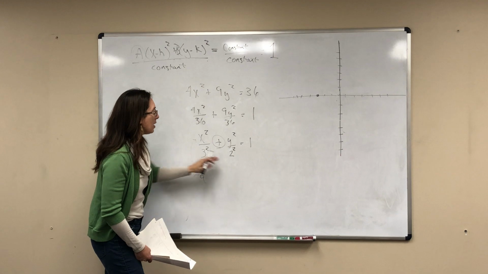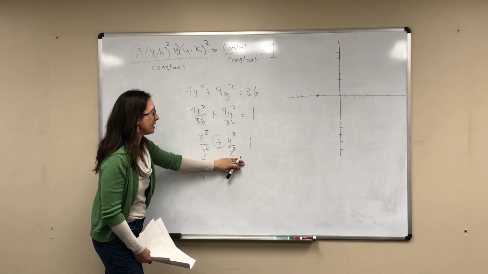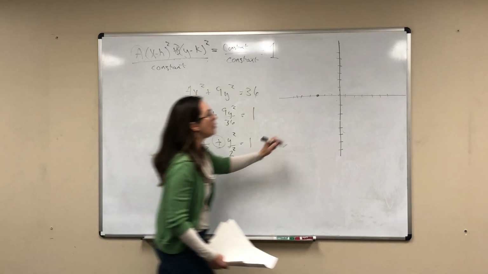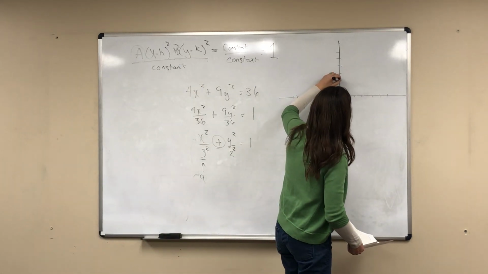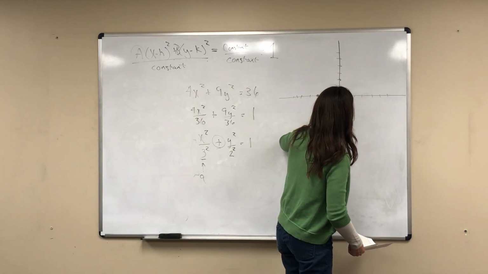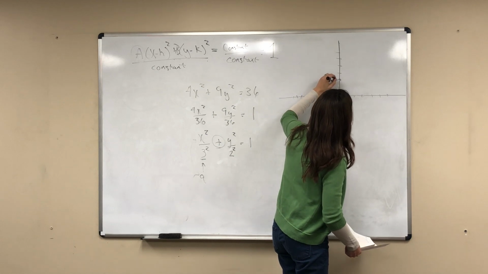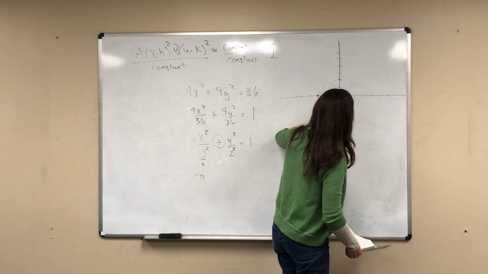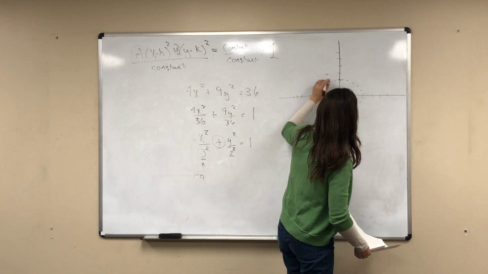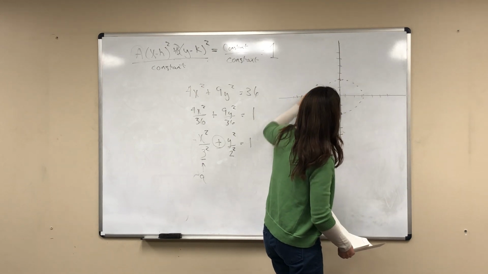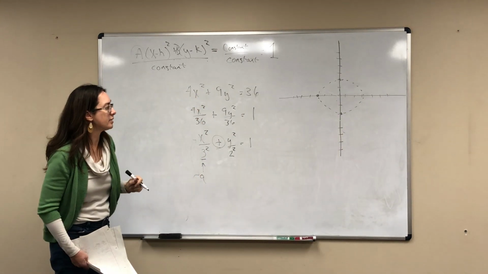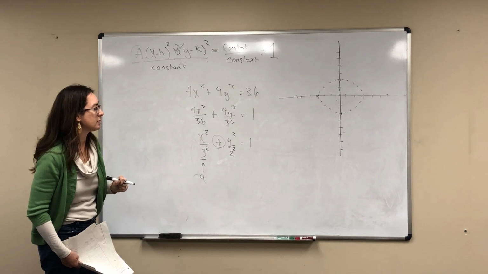Okay. Now, along my y-axis, I'm going to move 2 up and down. 1, 2. And then I would draw my ellipse. All right. Does that make sense?